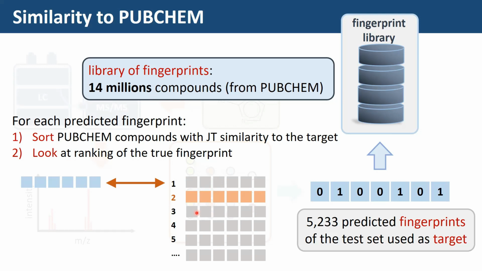You get a predicted fingerprint, then you go to a huge database and look for the most similar fingerprints, and you expect that in this set of very similar compounds, there is the compound associated to the mass spectra which has been used for the fingerprint prediction.